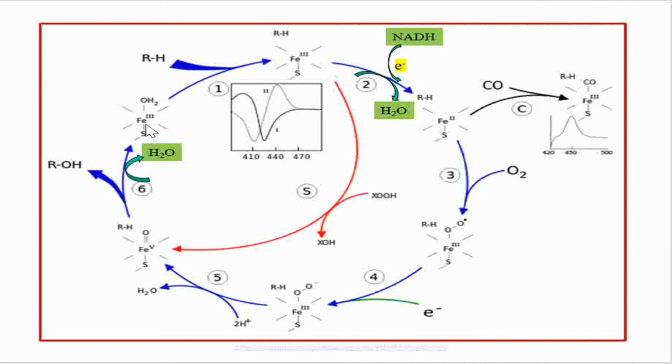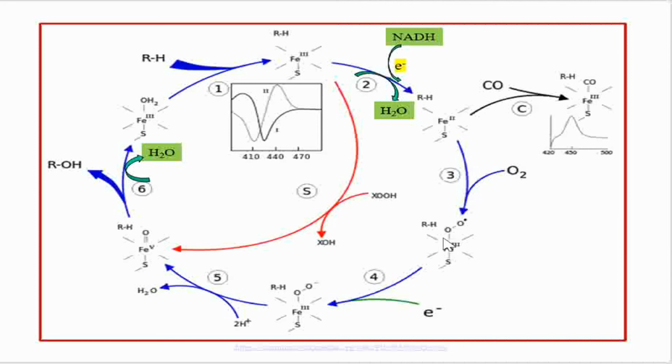This is the resting state, and here you can find the Fe3+ state, and this can easily bind an organic substrate or oxygen. So during the binding of RH, this H2O will evolve, and this state can easily be reduced by taking an electron from NADH and convert into Fe2+, which is 5 coordinated, and this is similar to deoxymyoglobin, so it can easily add an oxygen molecule.